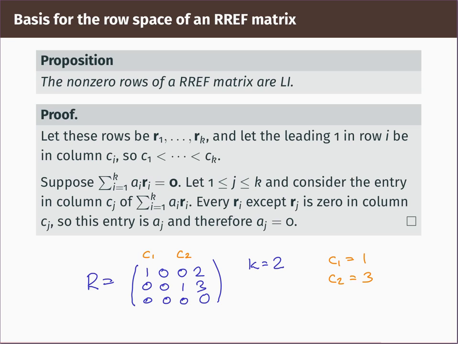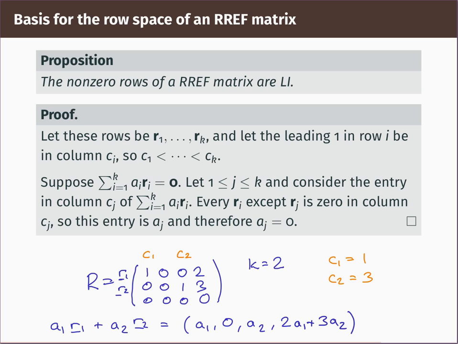So again, it helps to look at what happens in an example to understand what was going on in that proof. So let's look at what would happen in this example, where here was row 1 and here was row 2. Then if we had a1 times R1 plus a2 times R2, what that's equal to is a1, 0, a2, 2a1 plus 3a2.